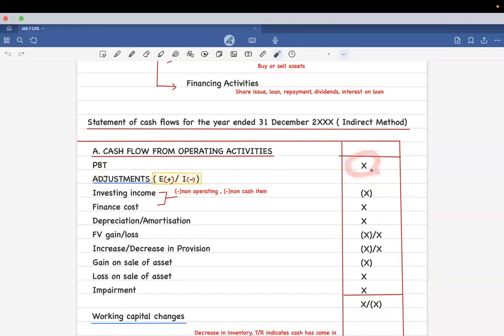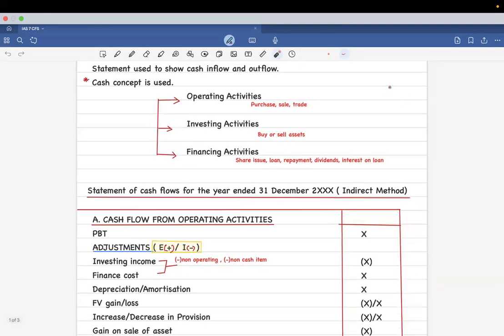Now, the problem with profit before tax is that it has every expense that the business incurs, right? And that would include the depreciation, which is non-cash in nature, and all the other things related to investing or financing activities, which are not to be taken in operating activities.